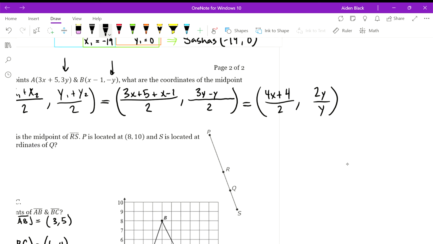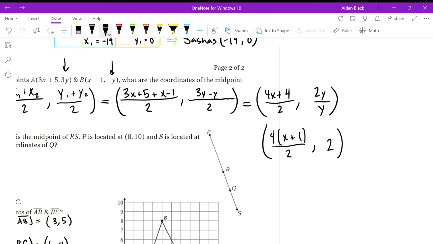Now, I've just factored out that 4, so this is x plus 1, and then in this one, 2y divided by y is just going to be 2. Right?